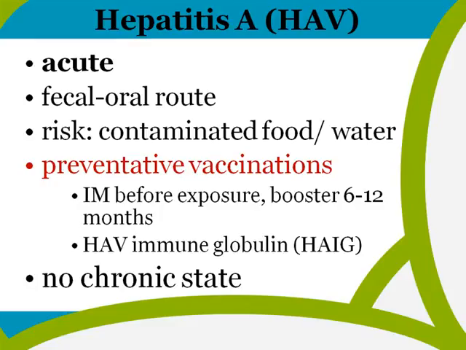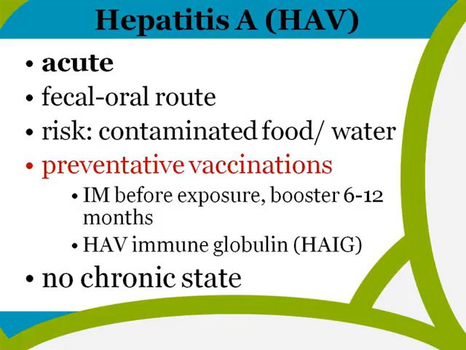The nice thing about hepatitis A is there are preventative vaccines that are very effective. They are given IM, and you get a baseline booster, and then in 6 to 12 months you'll get a second booster. If the patient possibly is exposed to hepatitis A and they have not been vaccinated against it prior, we can give what's called a hepatitis A immune globulin.